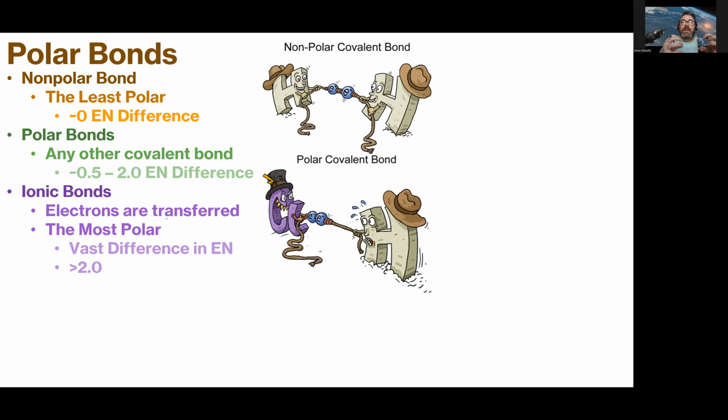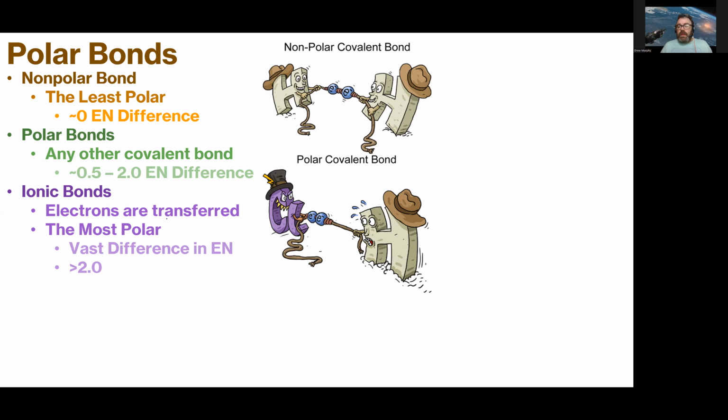They're covalent, they're pulling, but there's a moderate electronegativity difference. And so one atom has more control of those electrons than the other one does. HCl is a great example of that. The hydrogen can barely hold on. The chlorine has the electrons way up close to it.